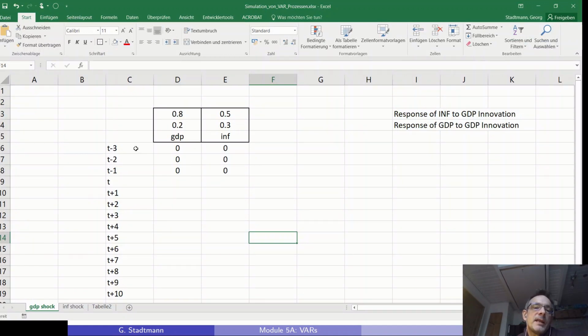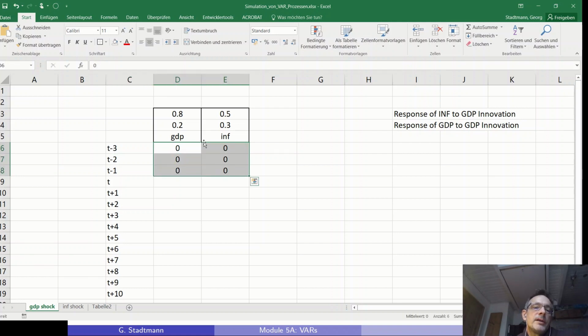We have in column C the time index from T-3, T-2, T-1 to T+10. In column D, we are simulating the GDP series, and in column E, we are simulating the inflation series.